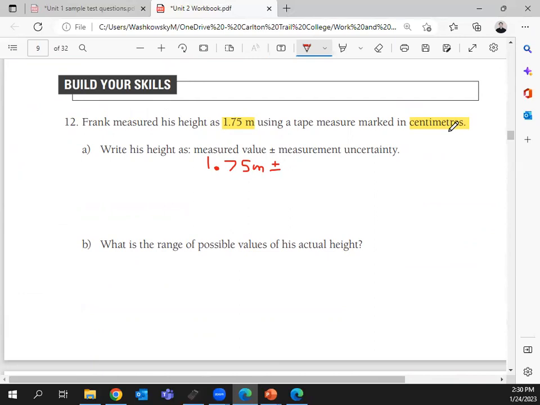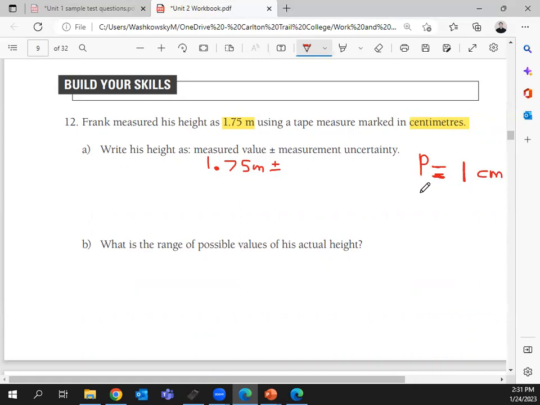So you're super close. So remember, my precision here is I'm measuring something in centimeters, right? So what's my smallest unit of measurement if I'm doing centimeters? 1 centimeter. Perfect. So that's my precision, which is 1 centimeter.